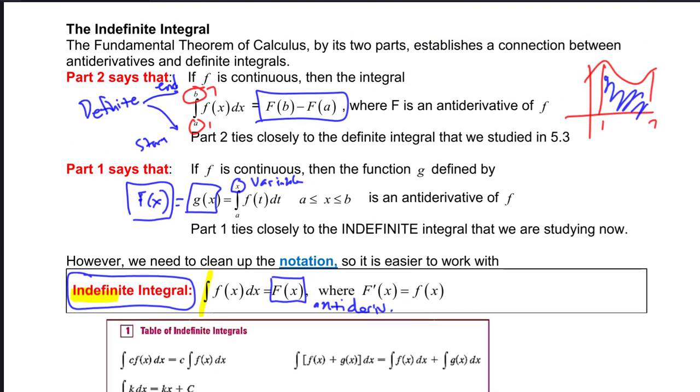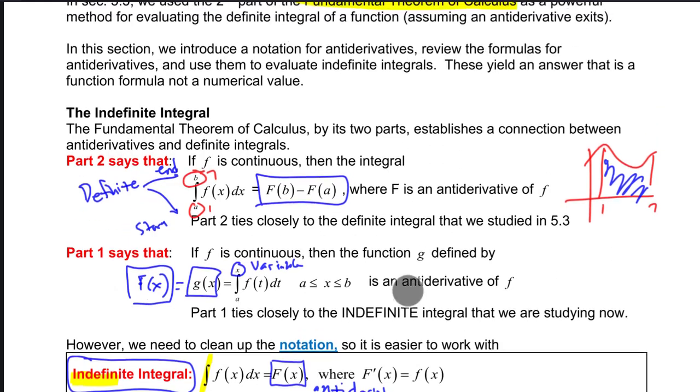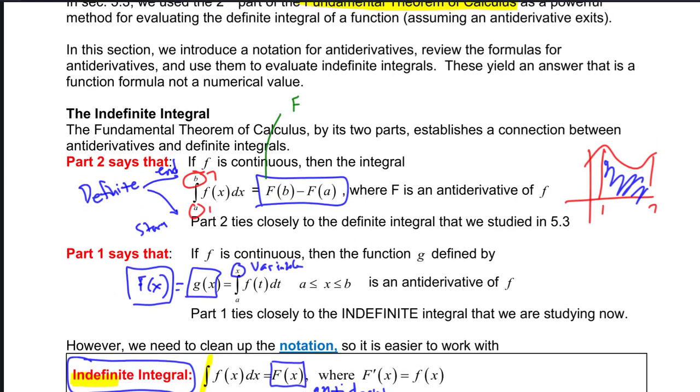The definite integral doesn't have the plus c because we're subtracting. So theoretically, I shouldn't probably do this, but theoretically this would be F of b plus c minus F of a plus c. That's the theoretical outcome when we do the fundamental theorem of the indefinite functions. But what happens to the equation is we get F of b plus c minus F of a minus c.